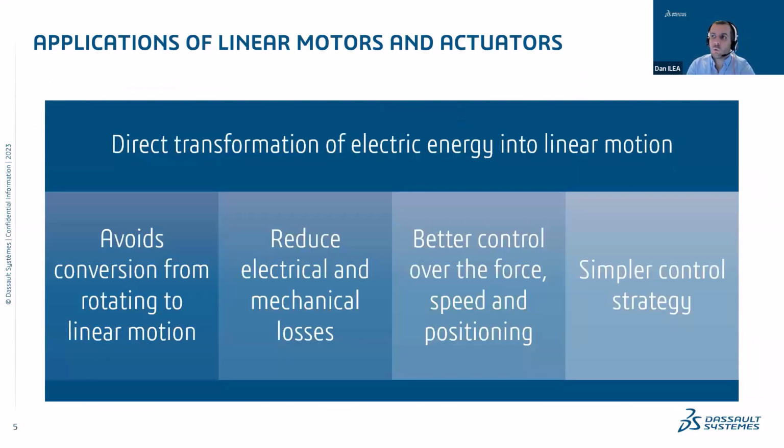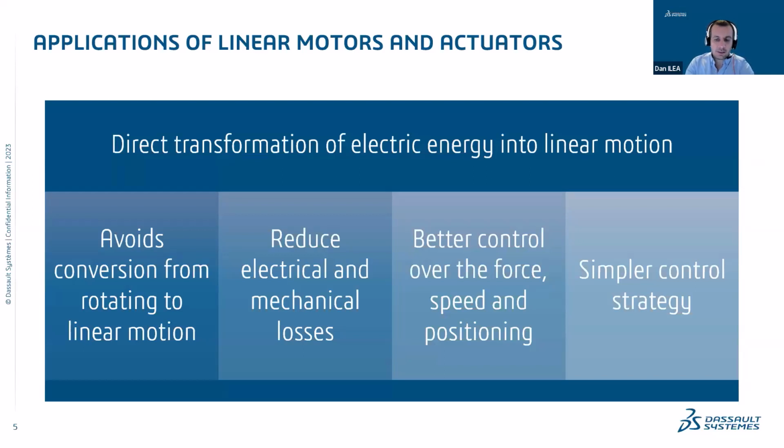So why linear actuators? What are the benefits of converting this electric energy directly into linear motion? First of all, we could use a normal type of rotating motor to convert the electrical energy into rotating motion, and then use a system of gears and other mechanical components to convert that into a linear motion.